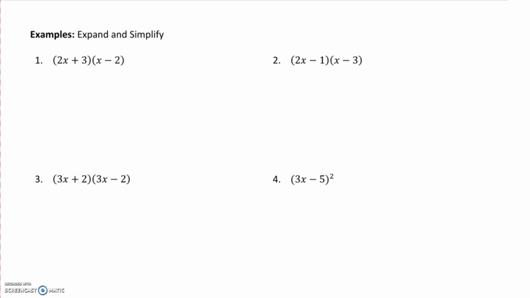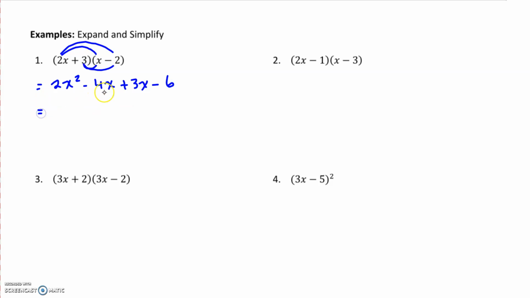So remember, we're going to start by ignoring the 3, and we multiply 2x times x. So 2x times x is 2x squared, and then we do 2 times negative 2, so that's negative 4x. Now 3 times x is 3x, and 3 times negative 2 is a negative 6.